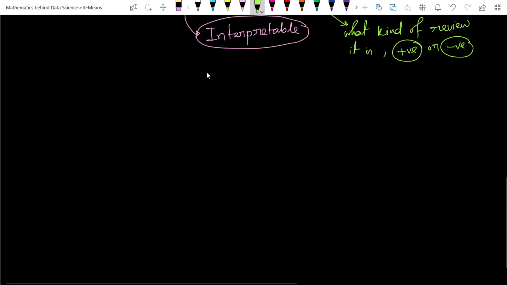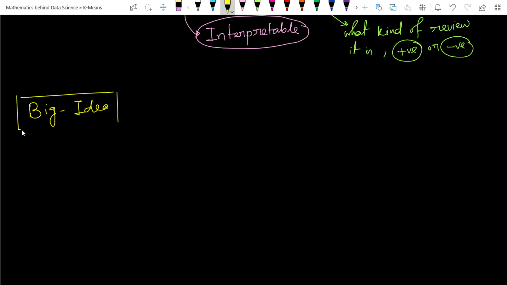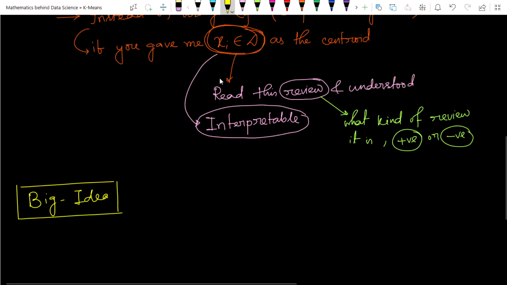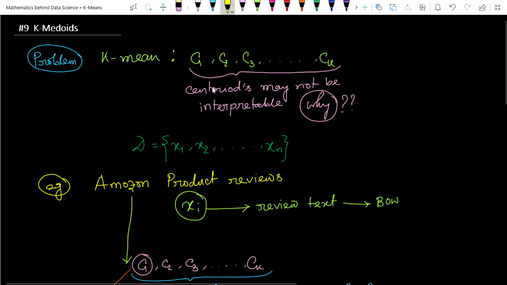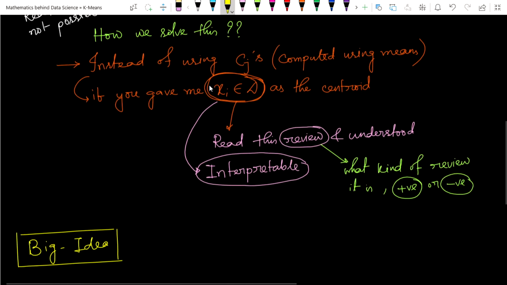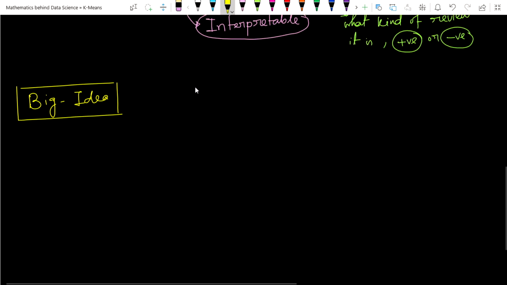The big idea behind this is like that: what if the centroid is one we picked randomly from our data set first, then used the probabilistic approach to pick the next centroid, and in the third step we used the mean.